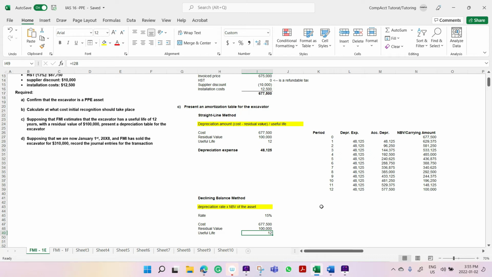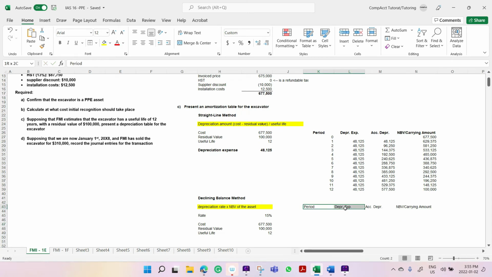So I want to come up with the same structure. I'm going to have a period, a depreciation expense, and an accumulated depreciation again. So that doesn't change. And then I'm going to have the net book value, or carrying amount, for the asset.